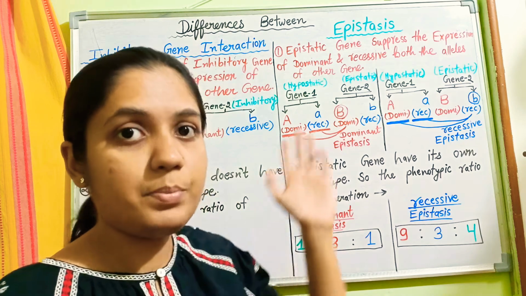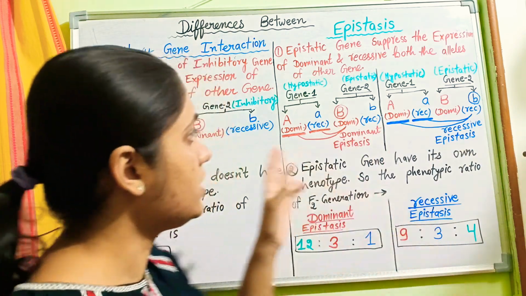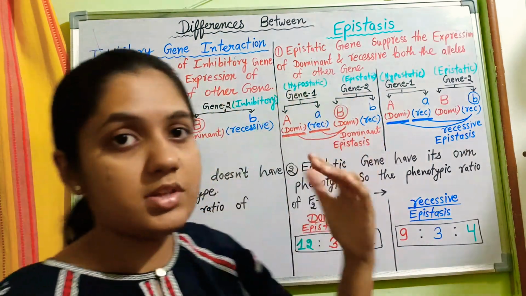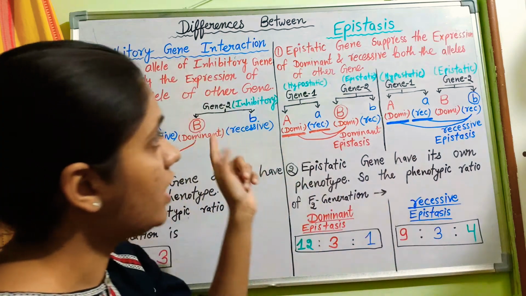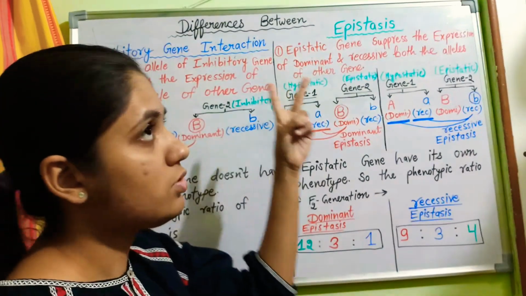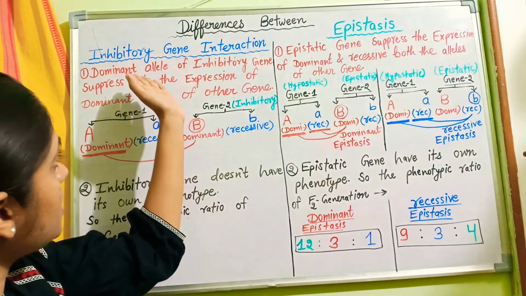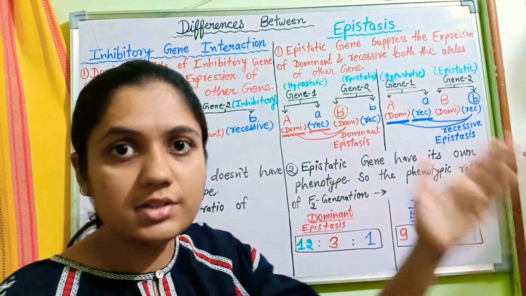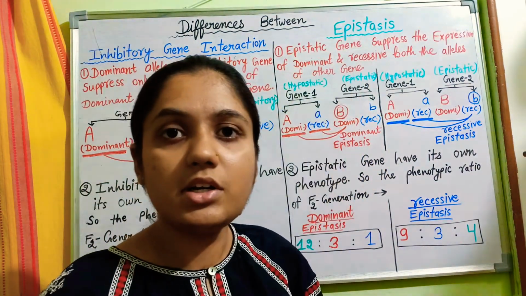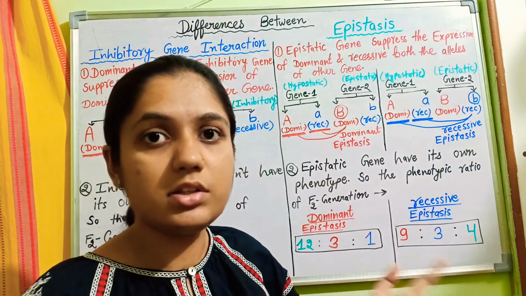One gene suppresses or masks another gene. So what is the range, what are the limitations of this suppression, that we will discuss. That is the main difference between these two. The suppression by the inhibitory gene and the suppression by the epistatic gene are different from each other, and that we will discuss in this video.